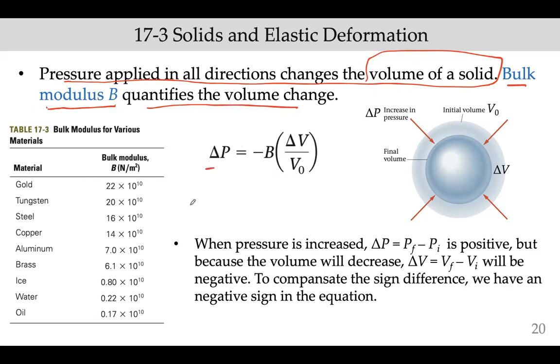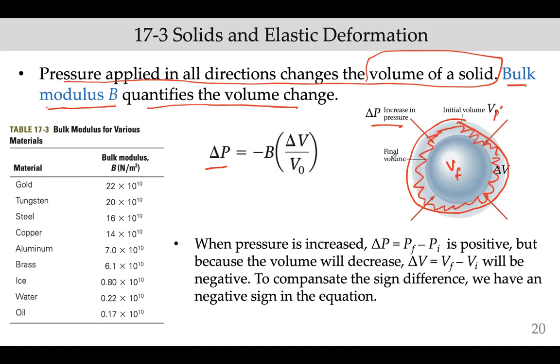So you apply some pressure. You increase the pressure here, and of course, the volume changes. The initial volume is this one, V0, and this one is the final volume. The change of volume, delta V, is this part, so you have to calculate it.